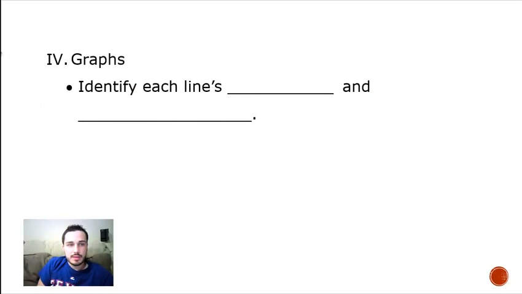Now with the graphs, it's a little bit more straight to the point. You just identify each line's slope and y-intercept. Once you know that information, you can write the equation.